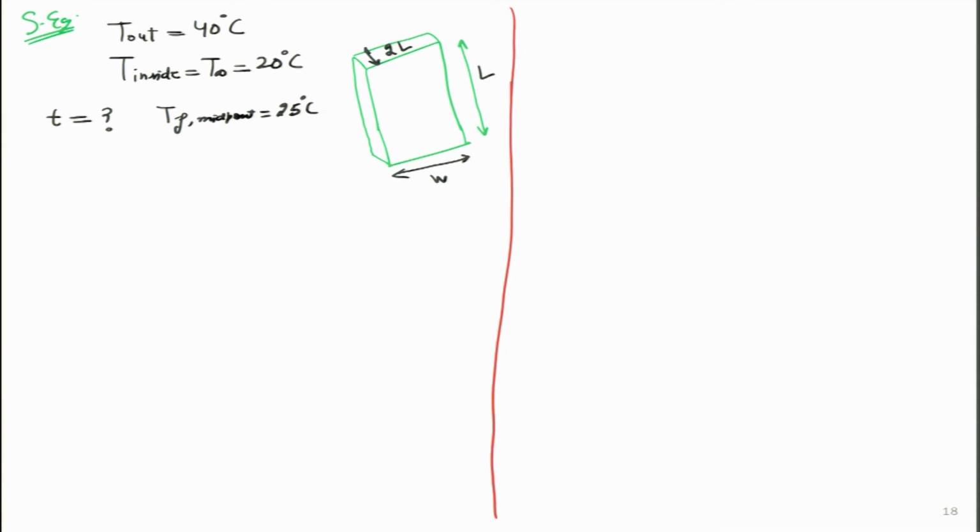I am not going to apply the lumped analysis over here. We will see the reason for that in just a little while, and also I am going to assume that the convective heat transfer coefficient in this particular case is around 1000 watts per meter square.